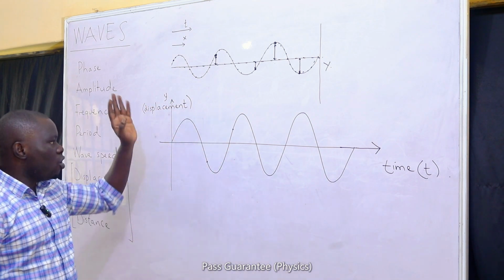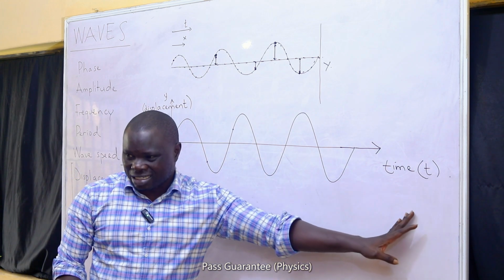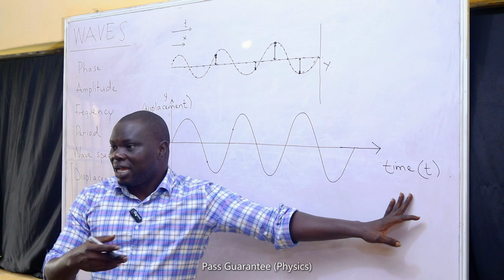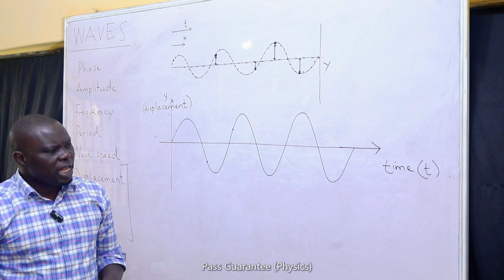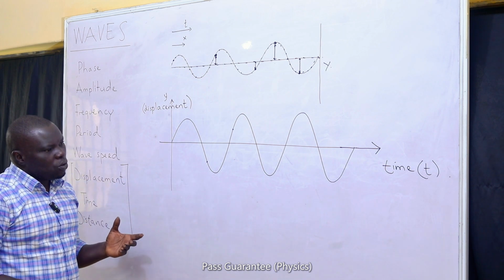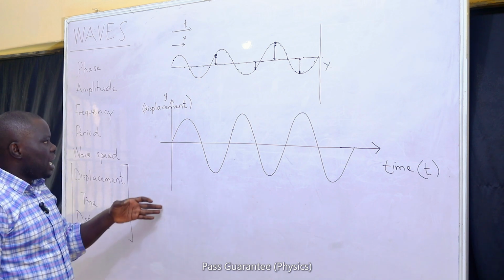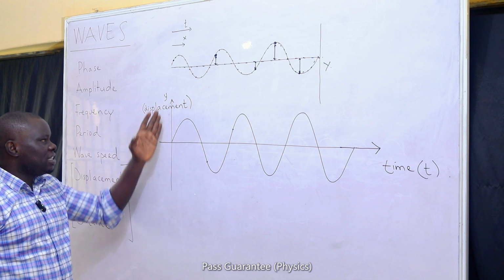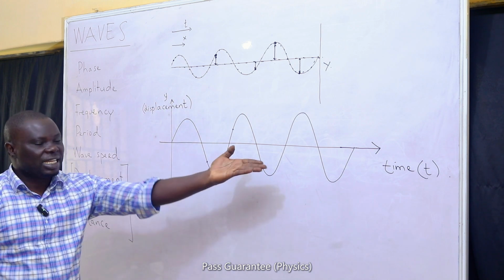It is displacement that is always on the y-axis, but the x-axis can have the distance covered by the wave or the time taken by the wave to move from one point to another. So we should not be confused. Things that concern the particles are put on the y-axis because the particles are the ones having displacement, while the wave itself is the one having the distance and the time.